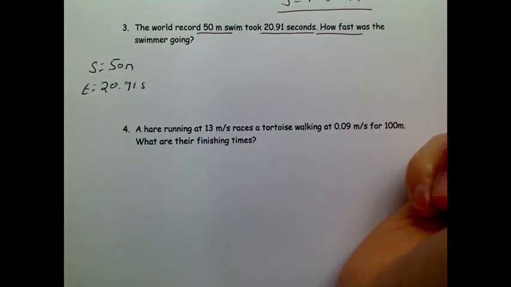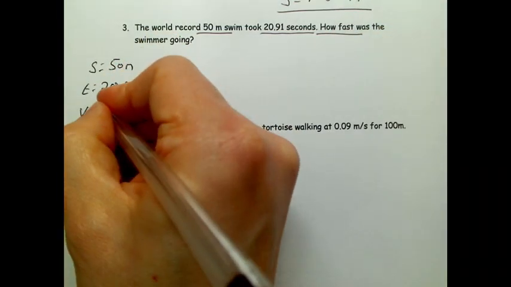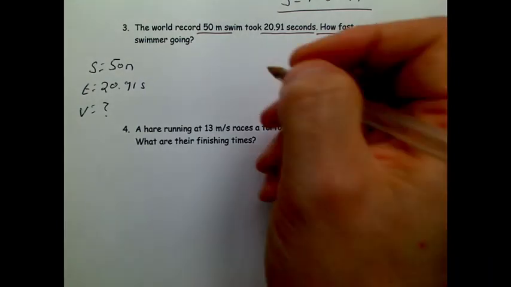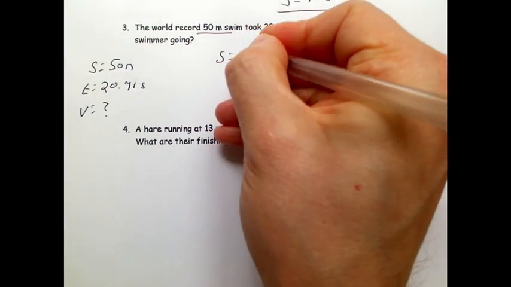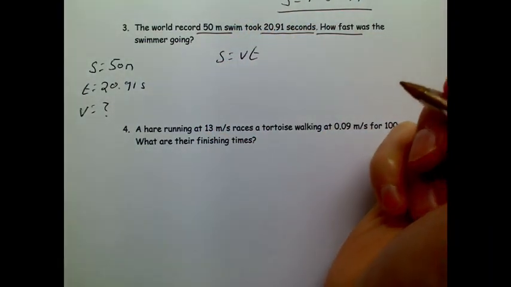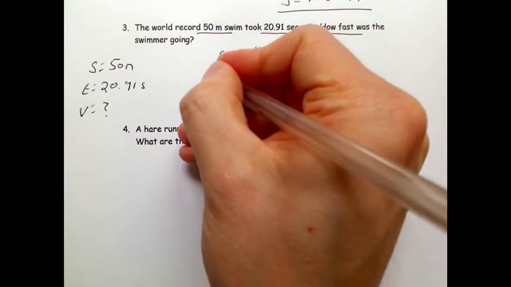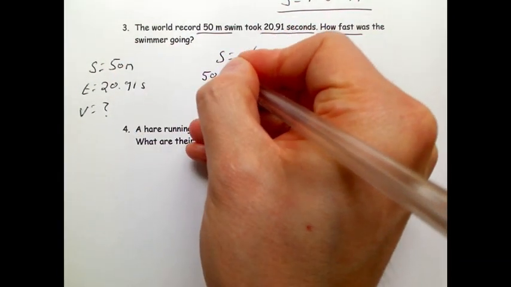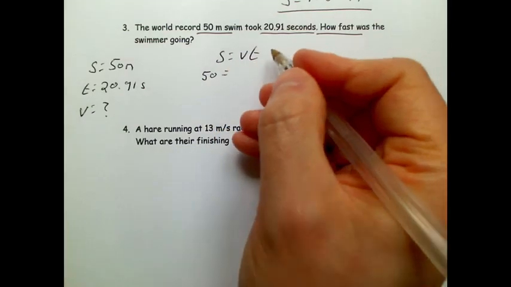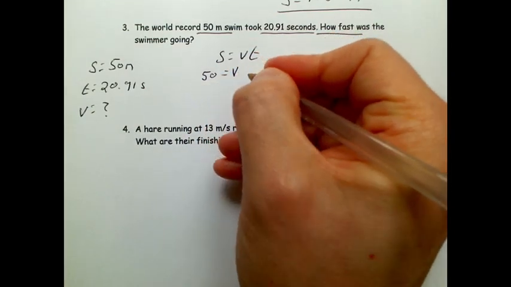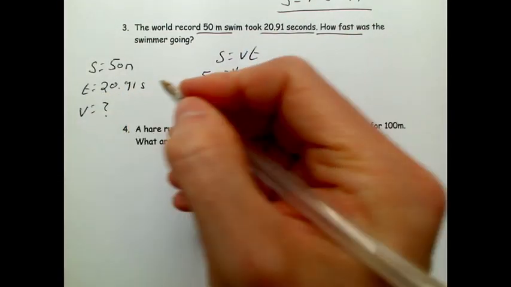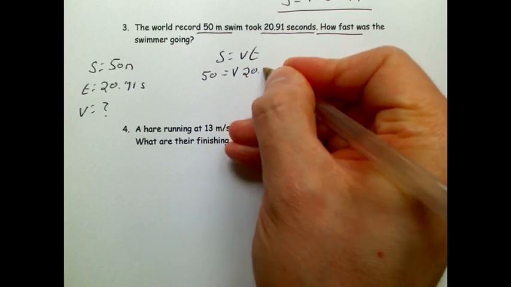How fast was the swimmer going? So V is what I need to work out. The equation, S equals VT. Substitute the values in. So S is 50. V, I don't know, so it can stay as V, and my time is 20.91.